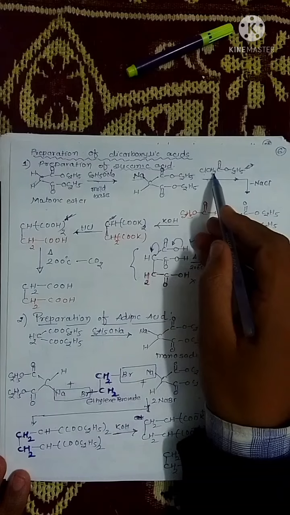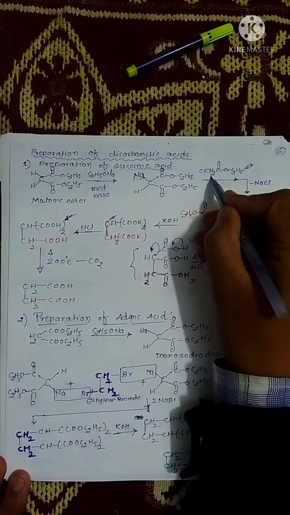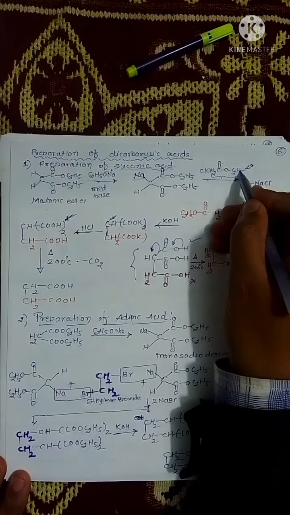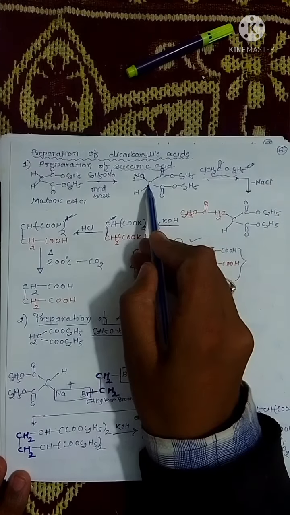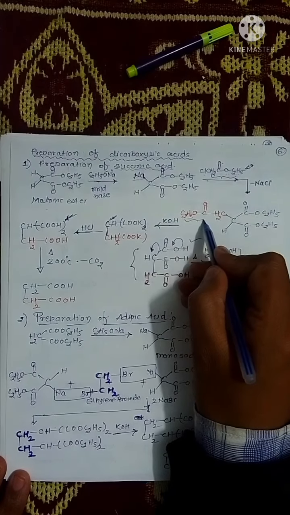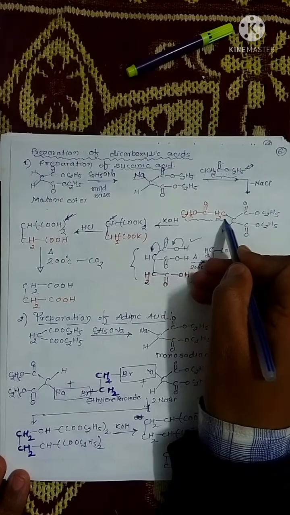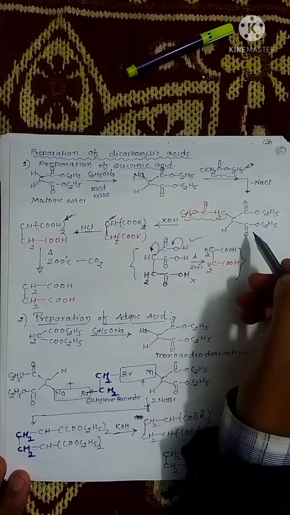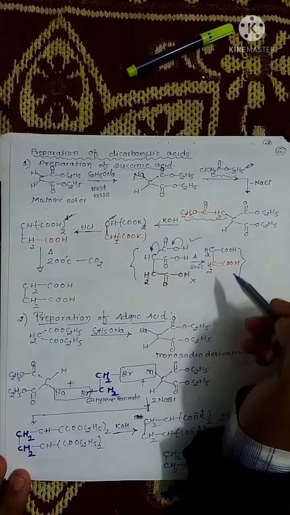and this whole part, that is CH2, C double bond O, C2H5, is attached on this carbon, which is shown in red pen here. Just look at the structure of this compound, it is very interesting.